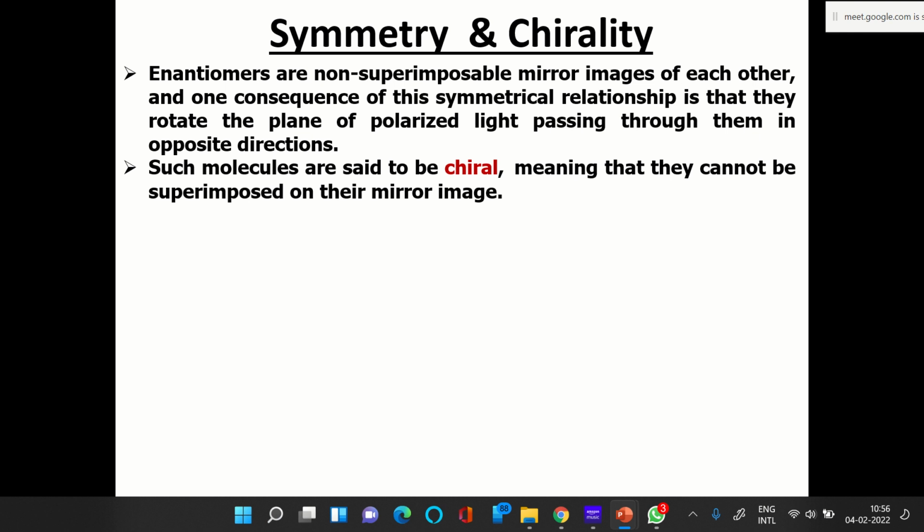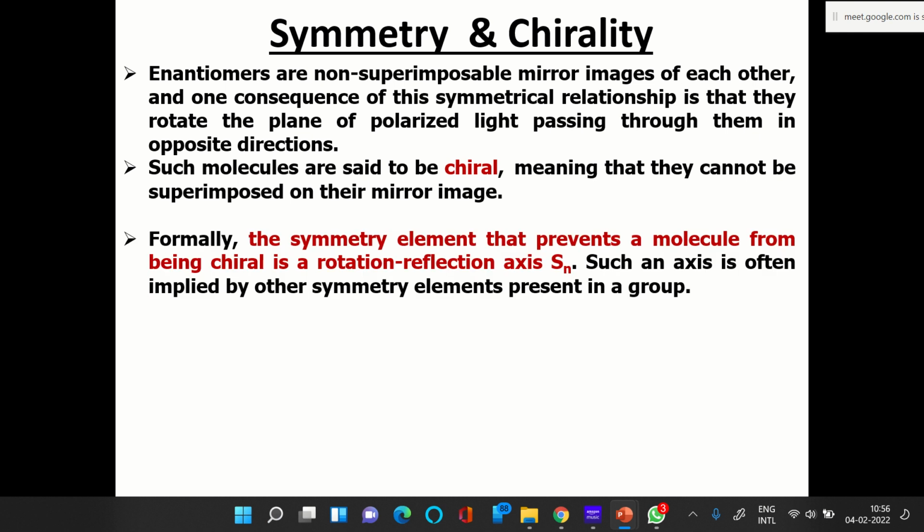Whenever the mirror image is not superimposable on the original molecule, we say that the molecule is chiral. The symmetry element that prevents a molecule from being chiral is the Sn axis, the improper axis of rotation. So when we are looking for chirality, we are trying to find whether any Sn axis is present.